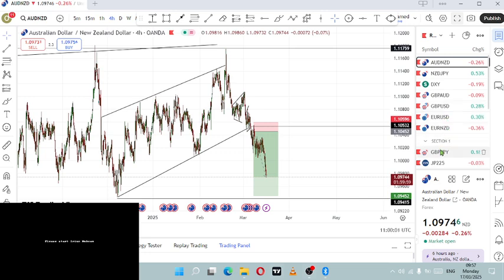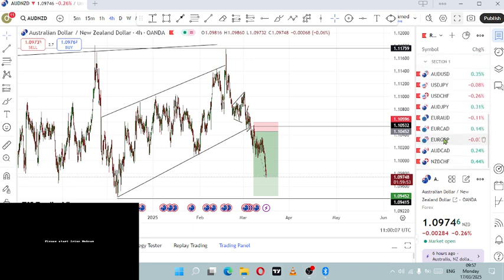Okay. Where is the GBP NZD? Where is GBP NZD?